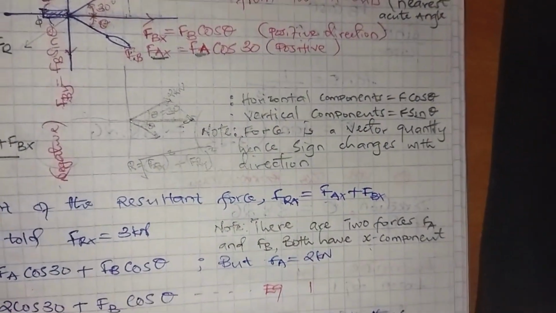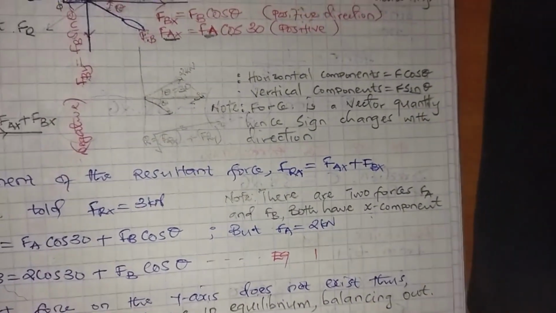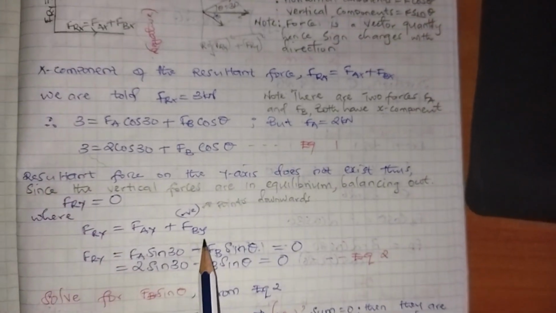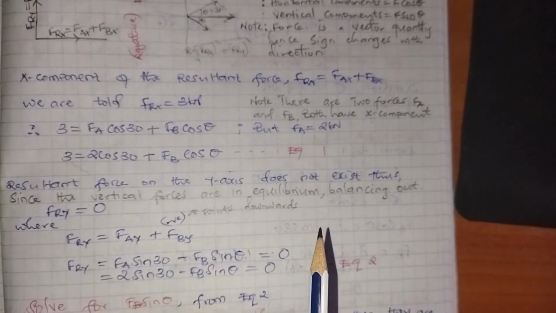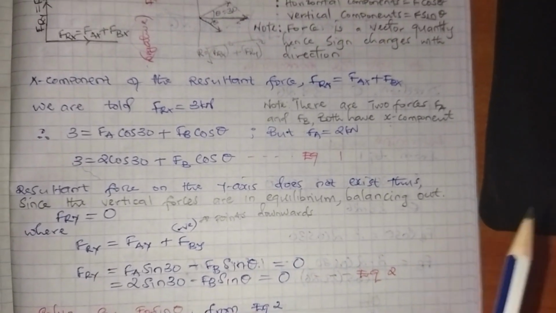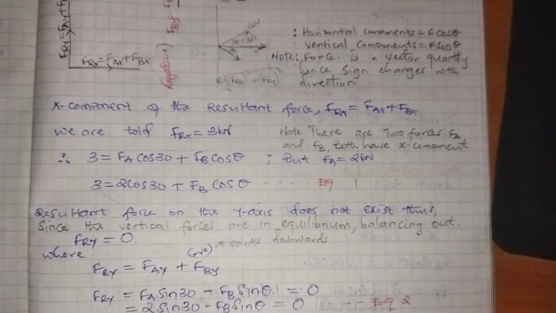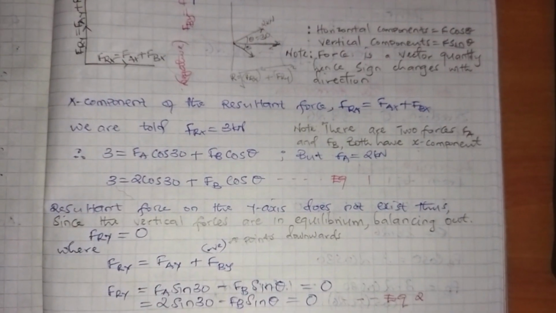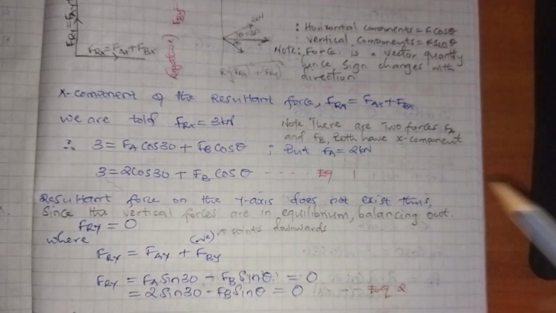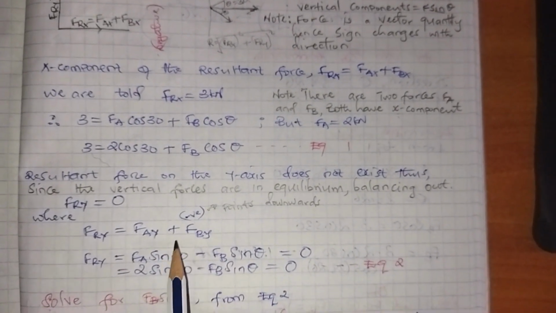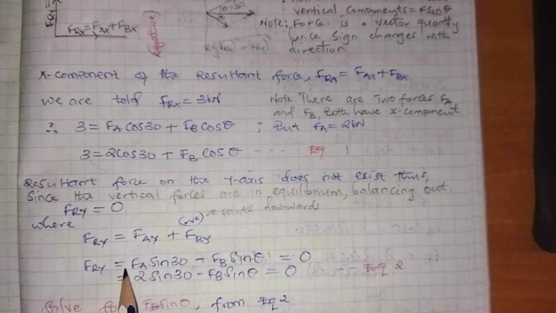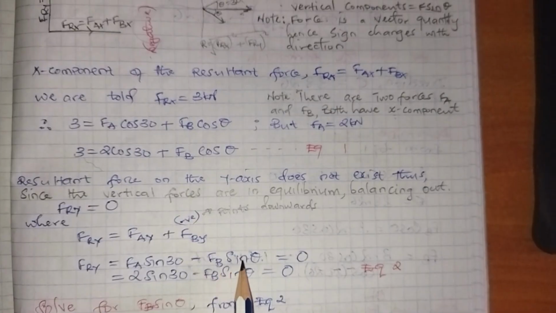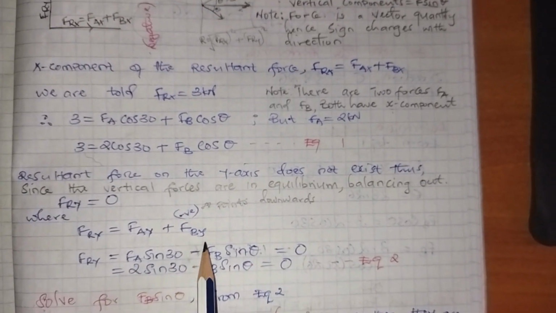When we are computing here, we'll introduce a negative wherever the force is pointing in the negative direction, because we are summing. When we sum, if we are adding something that is negative, you will definitely get a negative. So that is why you see here it was a plus, and as I proceeded with my calculation, you see that it is turning to negative.